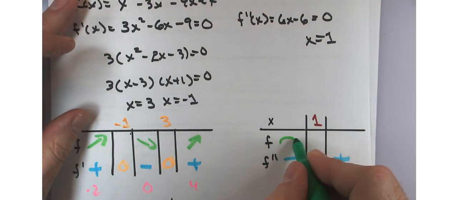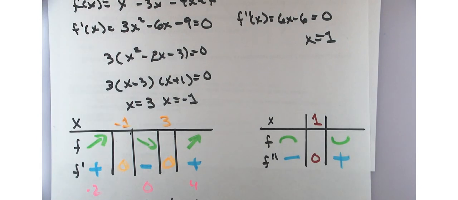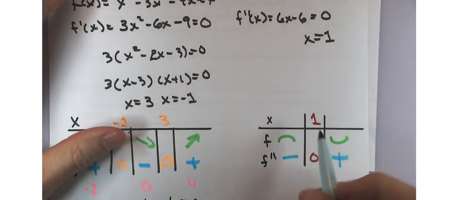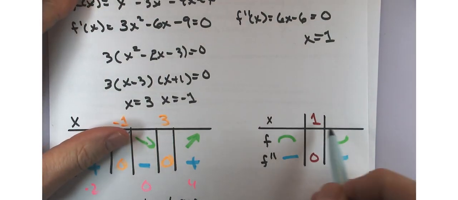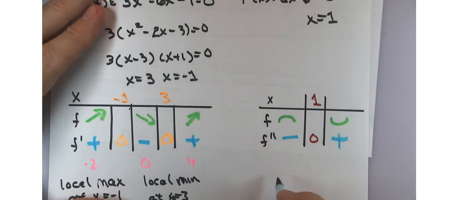Yeah, concave down and then concave up. Where the second derivative is negative, you have a concave down shape. Where the second derivative is positive, you have a concave up shape. So, beautiful. Now this point where it changes concavity is called an inflection point.